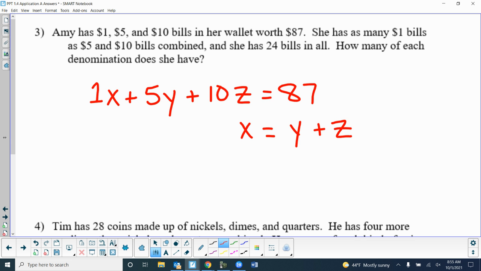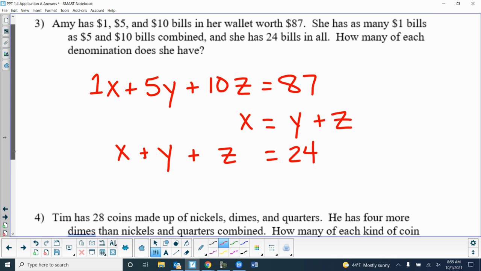She has 24 bills in all, so what's my other one? Number of 1s plus the number of 5s plus the number of 10s is 24. So there's my third equation. So what I got to do with that Y and Z in the middle? Subtract them over, right?